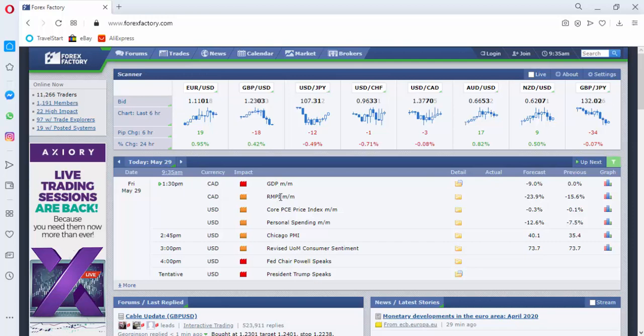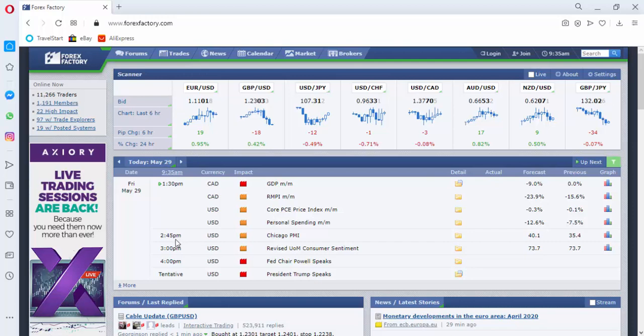By 1:30 p.m., we're expecting GDP month by month, RMPI month by month, these two from Canada. And as at that 1:30 also, we're expecting two major impact economic data from the United States. That's core PCE price index month by month, as well as personal spending month by month.